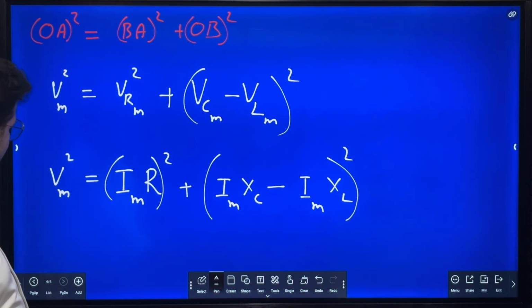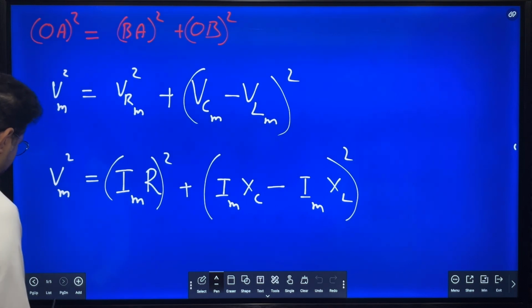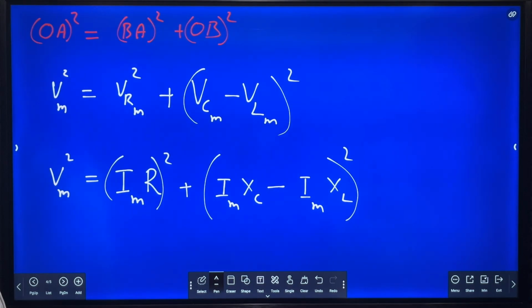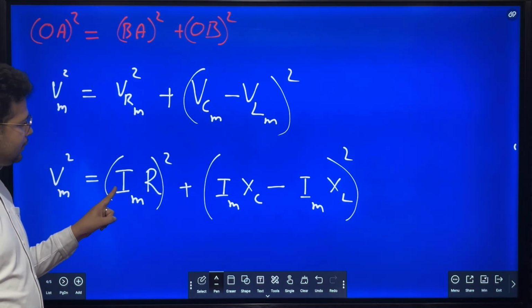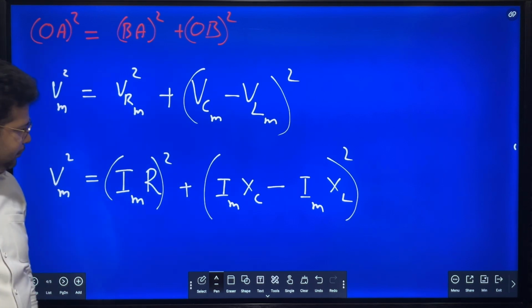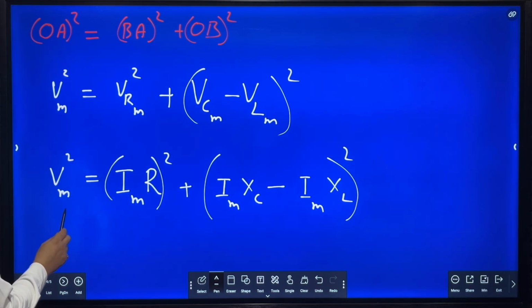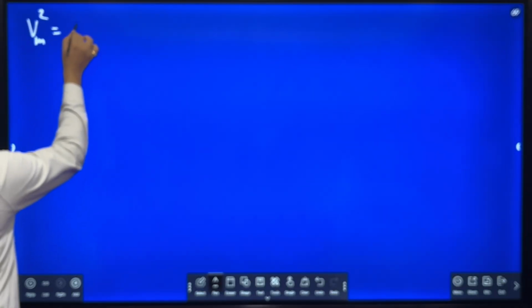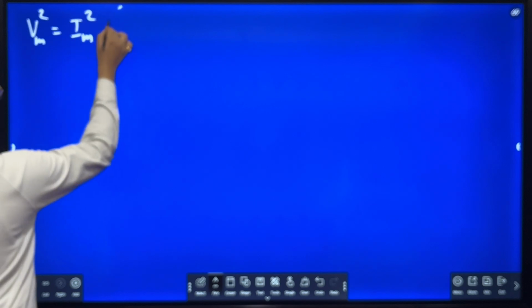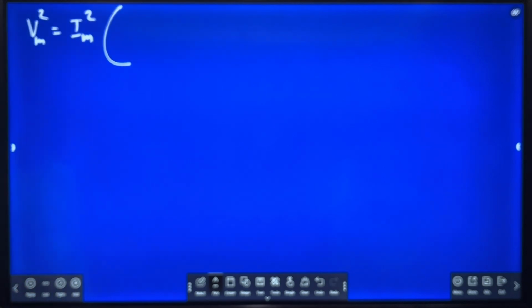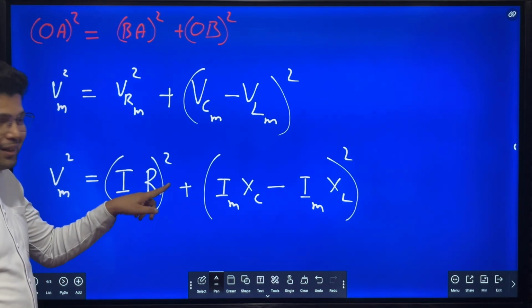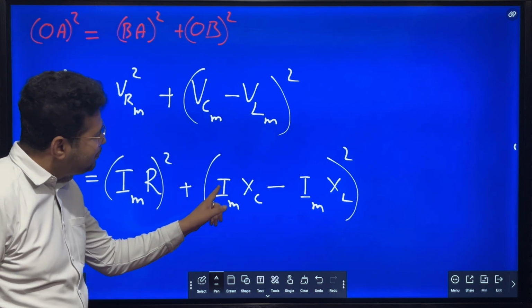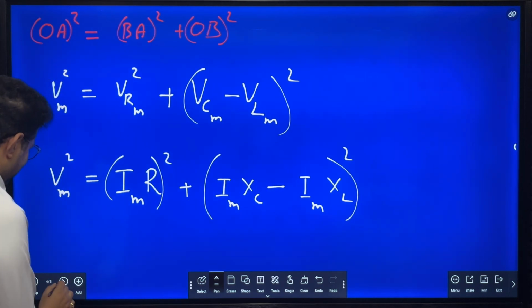Now what happens? I can take this IM square common. Then VM square is equal to IM square into R square plus, here also IM square I can take outside, correct?